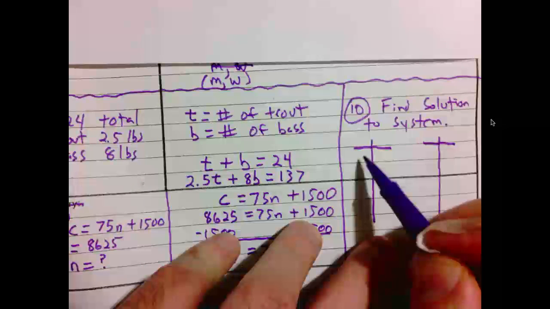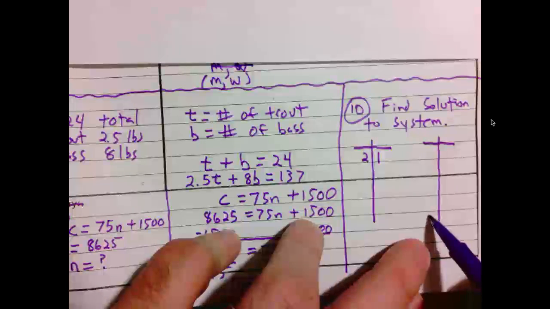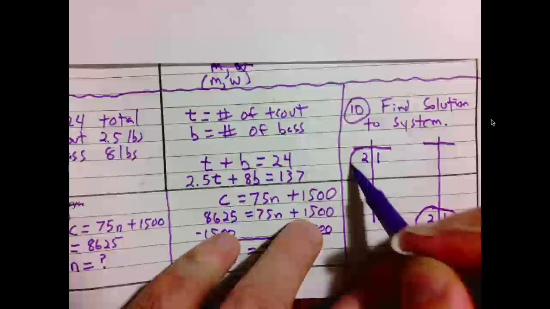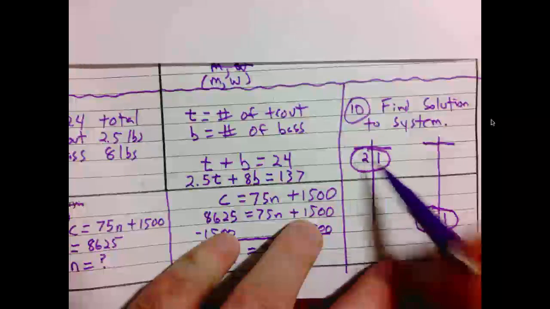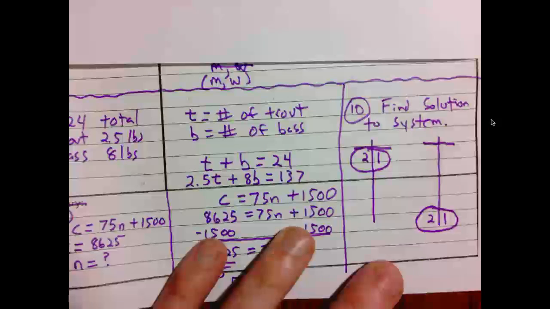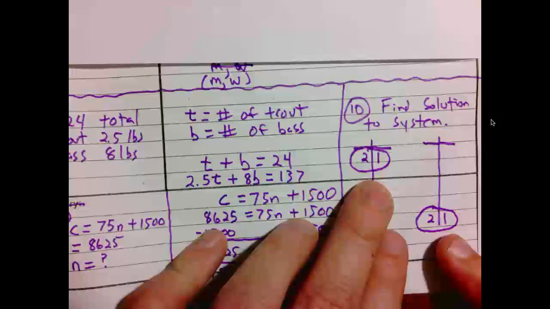And I believe it's 2 pairs with 1. It's either 2 pairs with 1 or 1 pairs with 2. I'm recalling from my mind at this time, but that is the solution. It's the one point that they have in common. The rest of the points they don't have in common. The solution to the system is the one ordered pair, the one point that they have in common.